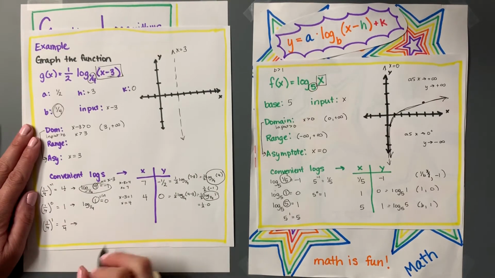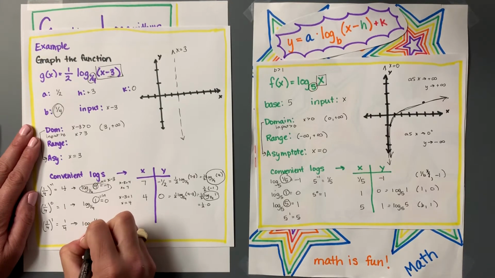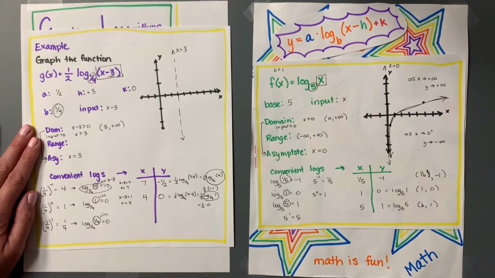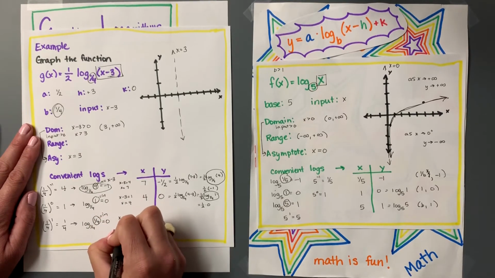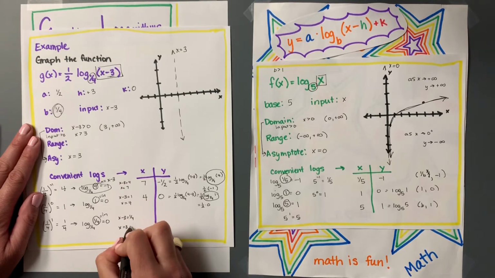And now I'm going to work with this last one. This gives me log base 1/4 of 1/4 is equal to 1. 1/4 is my input, so x minus 3 is equal to 1/4. x is equal to 3.25.